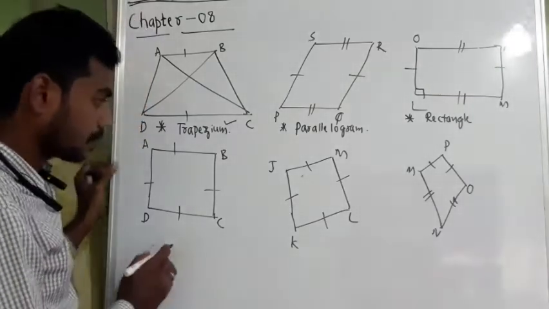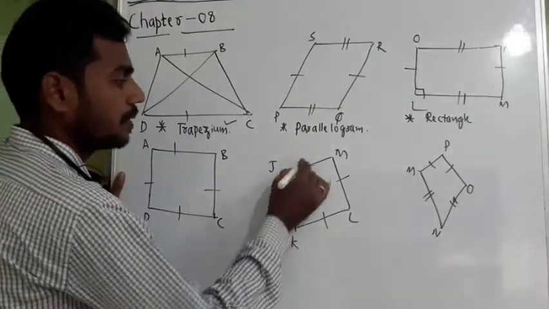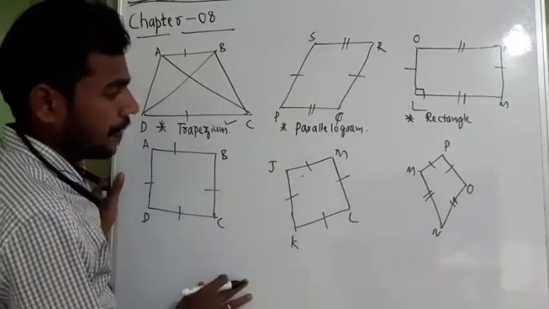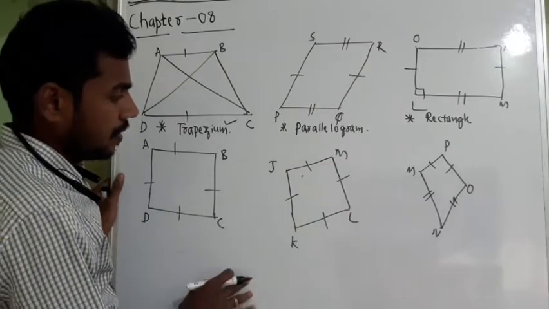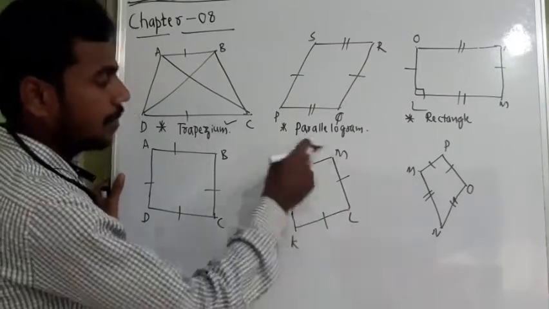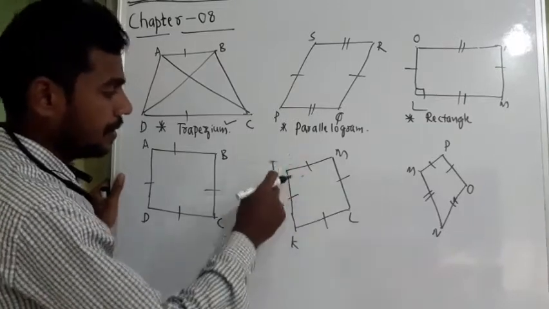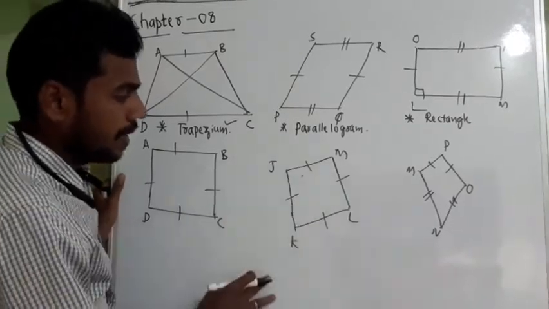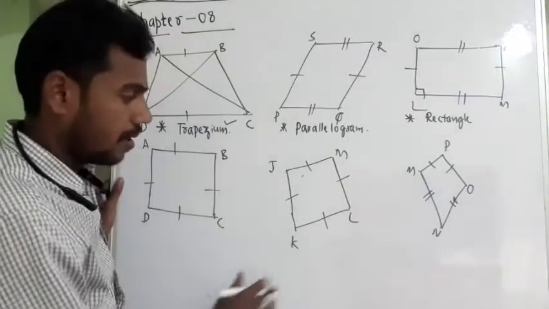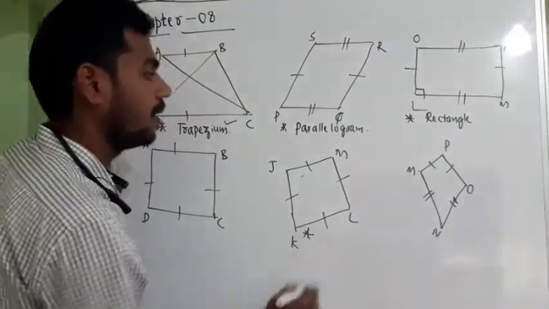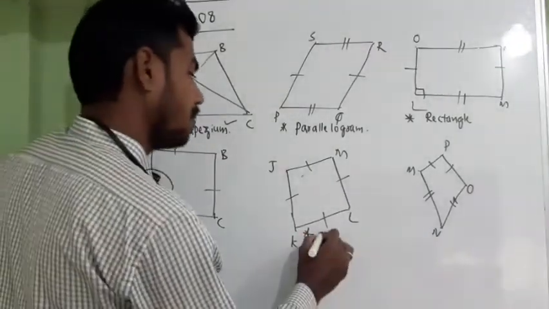Next, we'll go for JKLM. In order, we need to mention JKLM. See, all the sides are equal. We call it a rhombus.